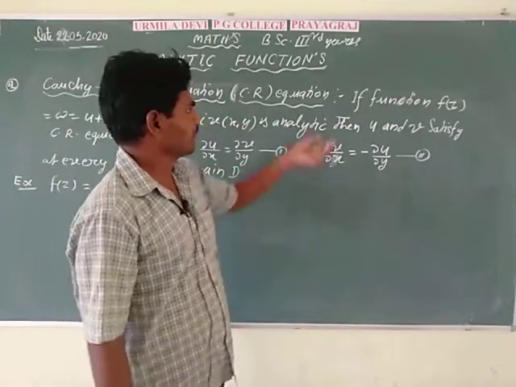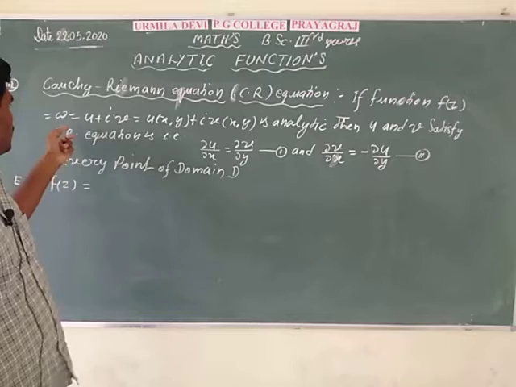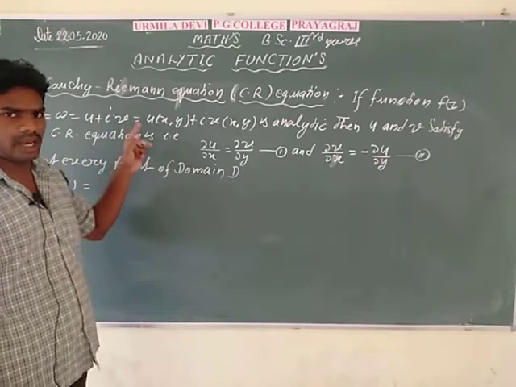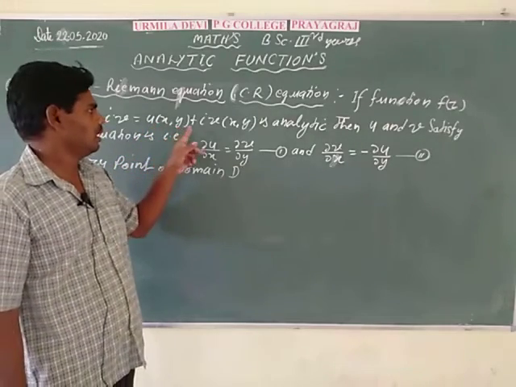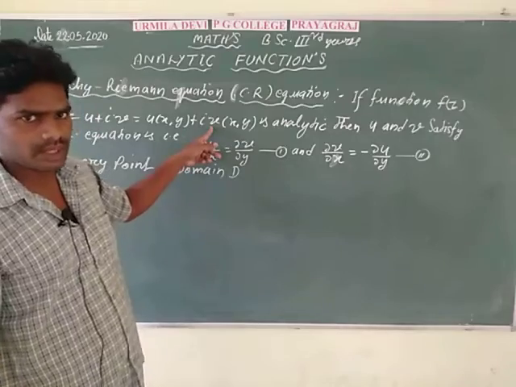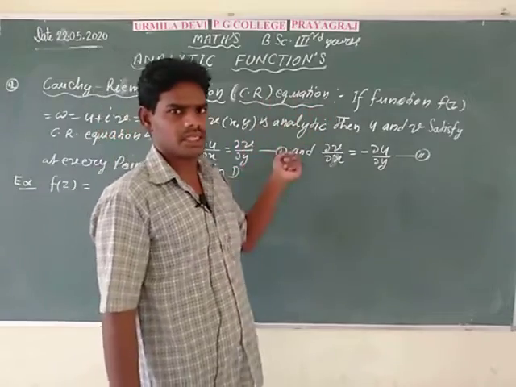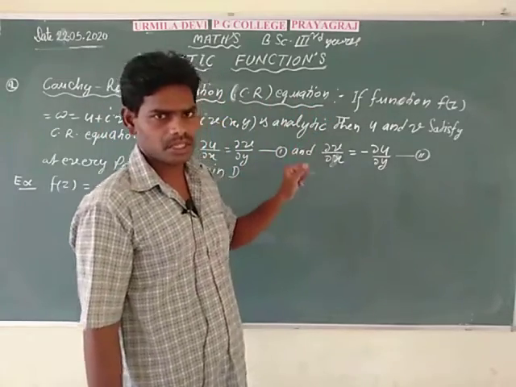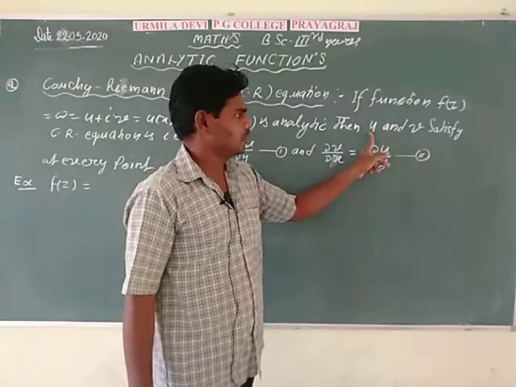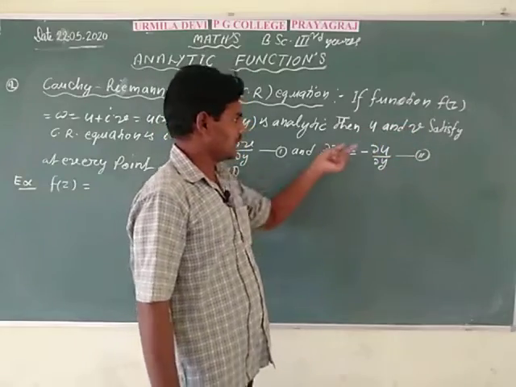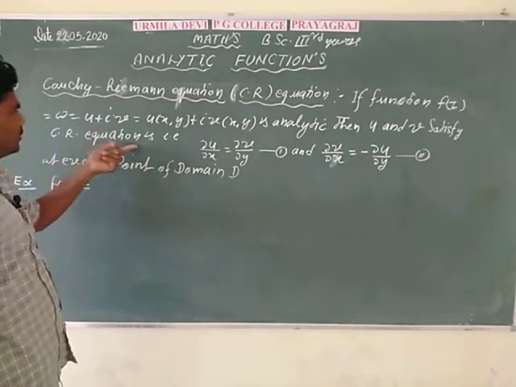In this equation, if any function f(z), which is also denoted by w, is equal to u plus iv, where u is a function in x y variables and v is also a function in x y variables, is analytic, meaning w is equal to f(z) is equal to u plus iv is analytic, then u and v, which are functions of x and y, satisfy the CR equations.